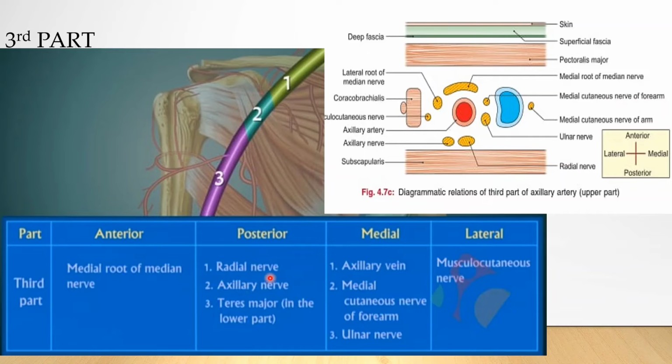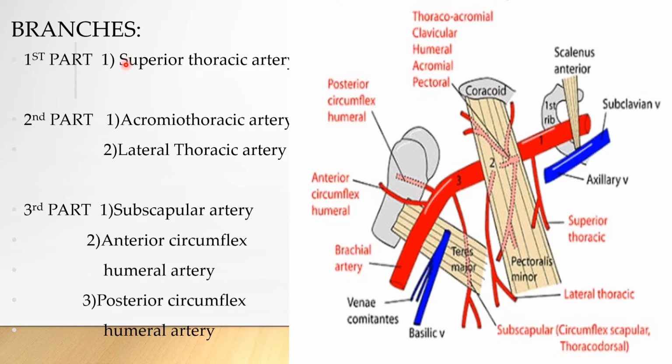So radial nerve posteriorly, and axillary nerve to teres major, which is posterior. Medially axillary vein throughout, and medial cutaneous nerve of forearm, and ulnar nerve. Ulnar nerve is medial nerve. And next, laterally is musculocutaneous nerve. This is the diagram. And next coming to the branches.